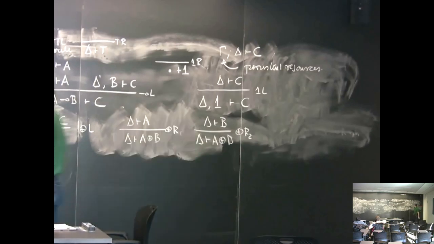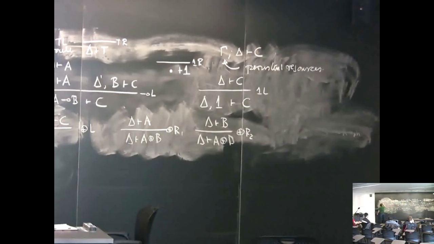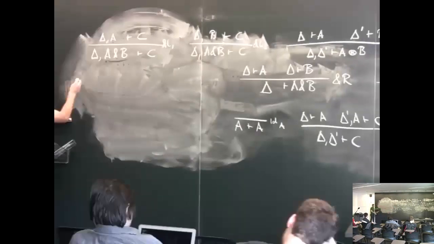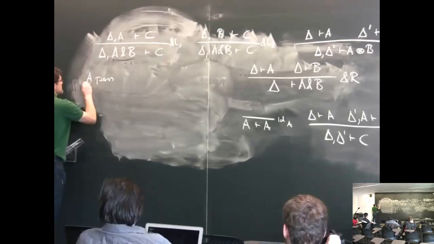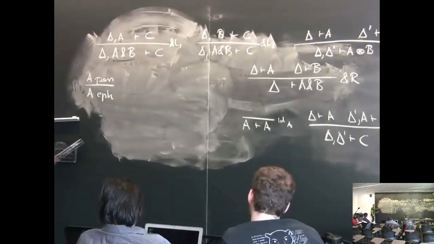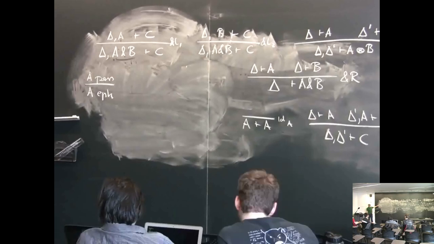Let's take a look at what the rules need to look like for this. The first principle is very similar to a rule that I had before. The rule I had before was this: if something is persistent, then I can get an ephemeral copy of it, and I can use this rule as often as I want because the persistent resource never goes away.